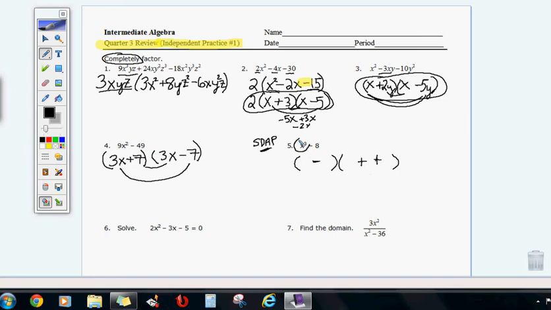All right? And then now we're looking at the first term. The first term here is x cubed. So you think to yourself, 1 times 1 times 1 equals 1. 2 times 2 times 2 equals 8. 3 times 3 times 3 equals 27. So what times what times what actually gives me x cubed? Well, that's going to be x times x times x.